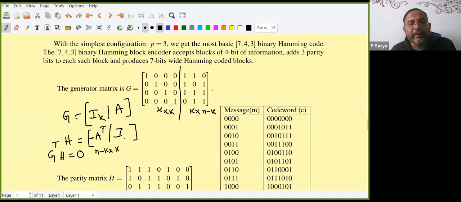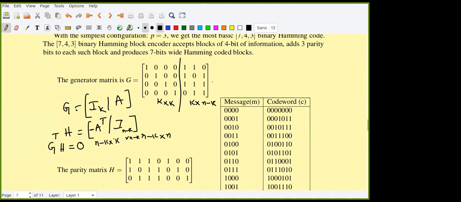Now what is this size? This is N minus K cross N, correct? So now this becomes N minus K plus N minus K, minus K, correct? So that is what I gave here.